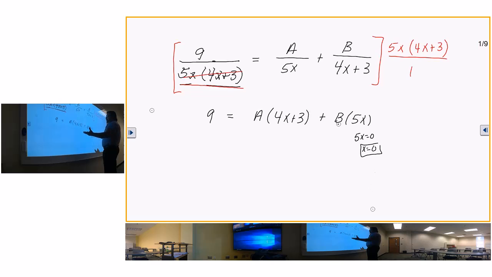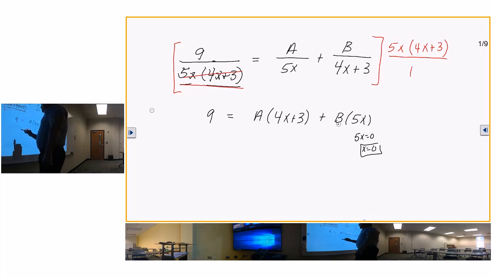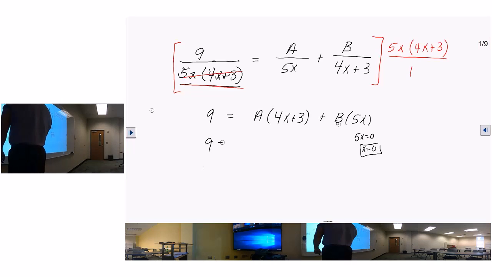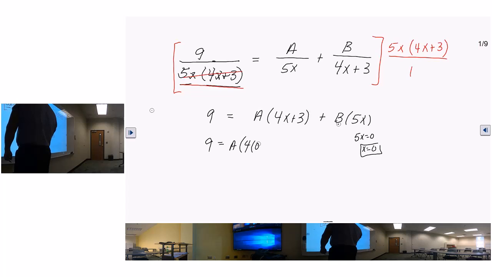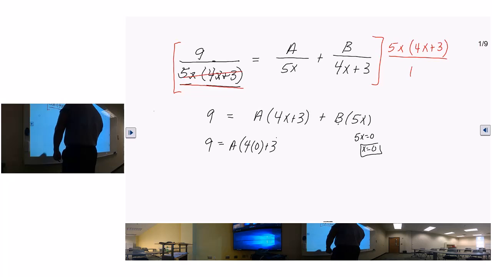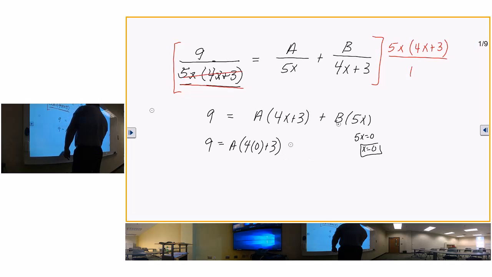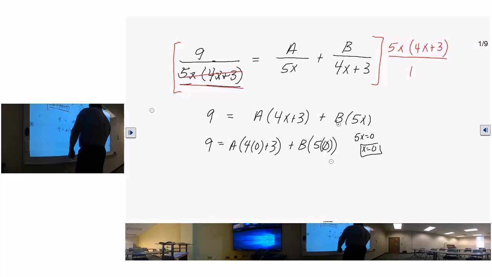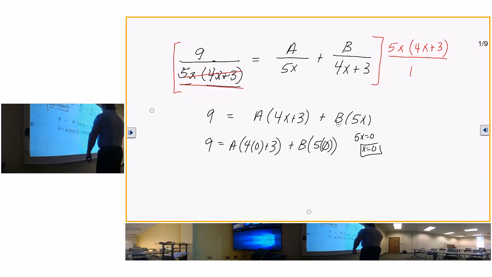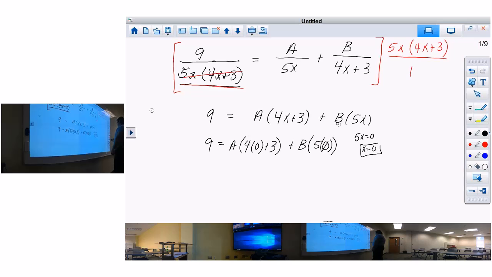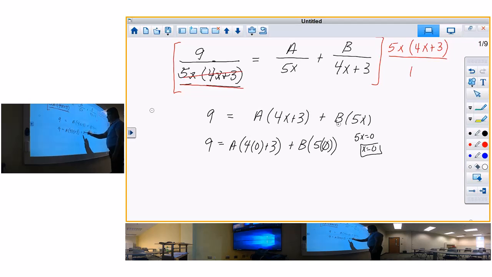So if I plug in 0, this one will go out. But what will happen to the rest of it? Well, let's see. 9 is equal to A times 4 times 0 plus 3. And I'm going to go ahead and plug it in here so you'll see what will happen. B times 5 times 0. And of course you see that the B term cancels out, and that's what's supposed to happen.